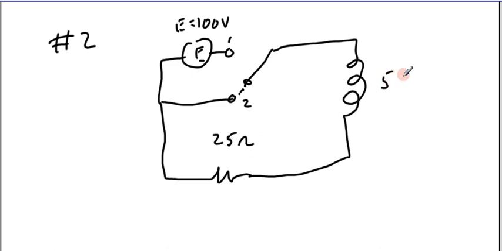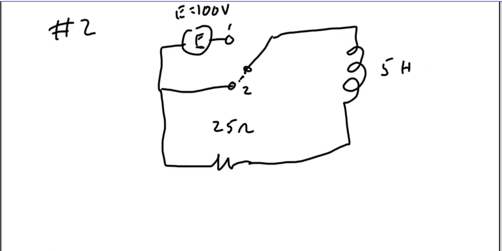Now 5 Henry is a pretty big inductor. A 50 millihenry inductor is about the diameter of a dime and about an inch high. So this guy's a pretty big thing. Okay, so that's the case.